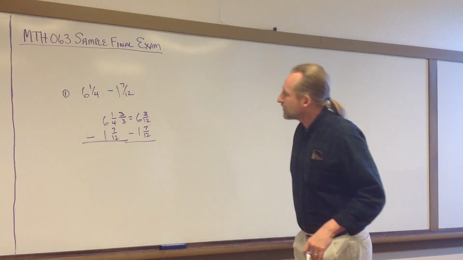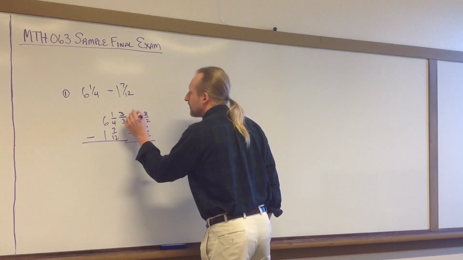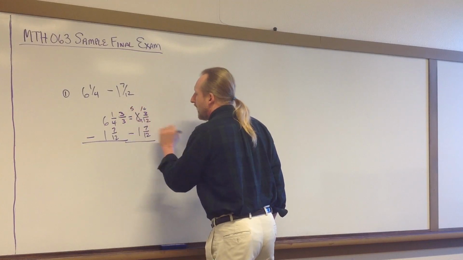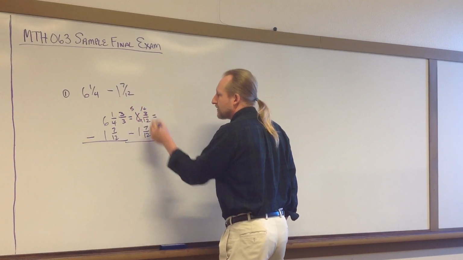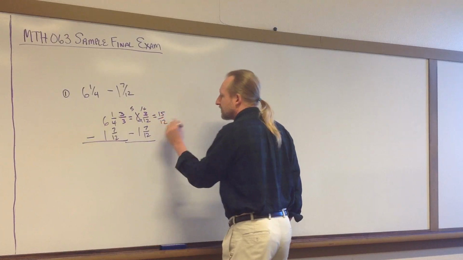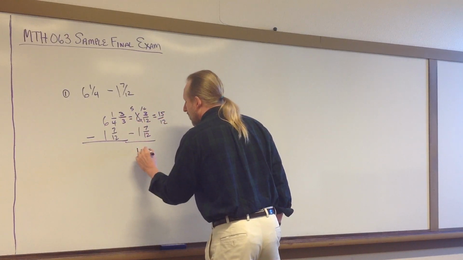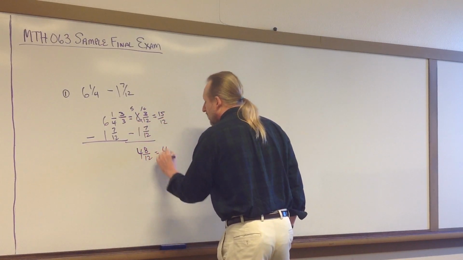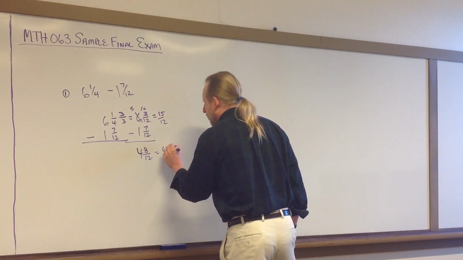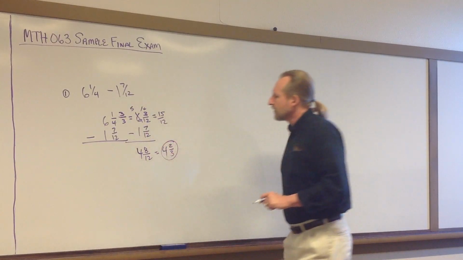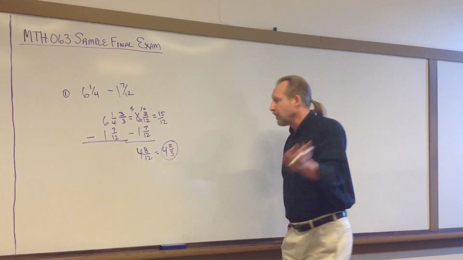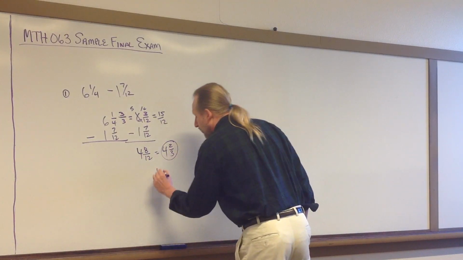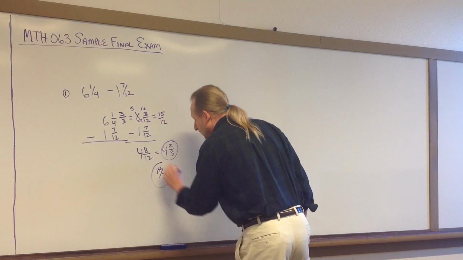Because of the subtraction, I've got to borrow 1 from the 6, and then this will be 12/12 plus the 3/12, which is 15/12. So that'll be 4 8/12, which reduces to 4 2/3. And if you do this as an improper fraction, this will be 14/3, and that's also fine.